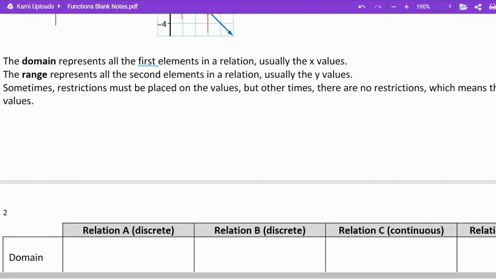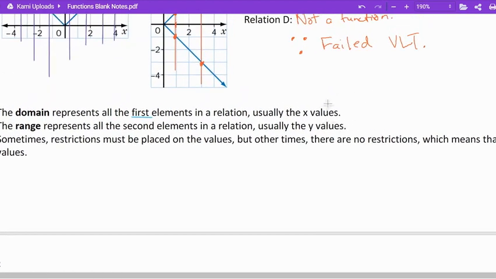So let's practice that. Now, one last thing, I just want to connect the domain and range to the dependent and independent variables. So think back, when I have a function like this, which variable is the dependent and independent?